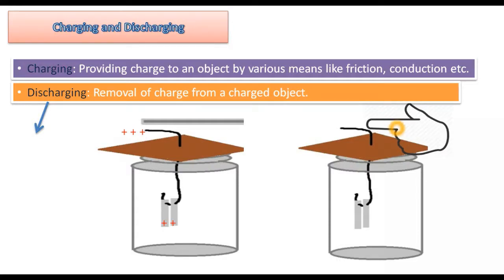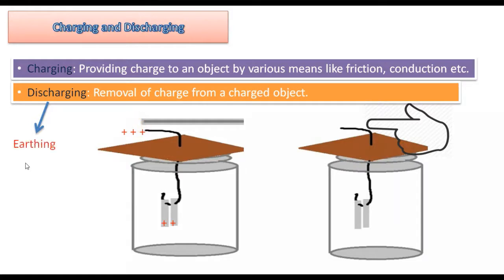The finger provides a path for the excess charges to get grounded. So the foil strips will lose the extra charge to the earth through our body, through our hand. This process is called discharging. Discharging is nothing but the removal of excess charge from an object.